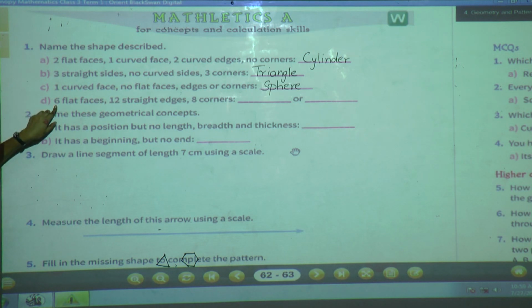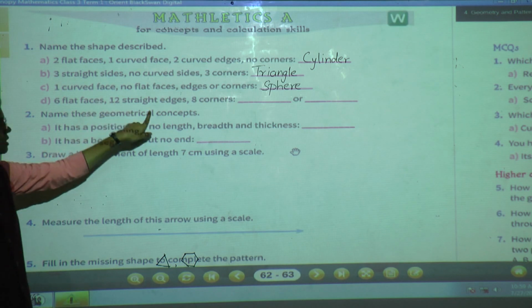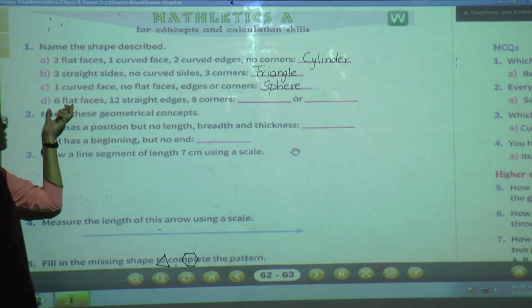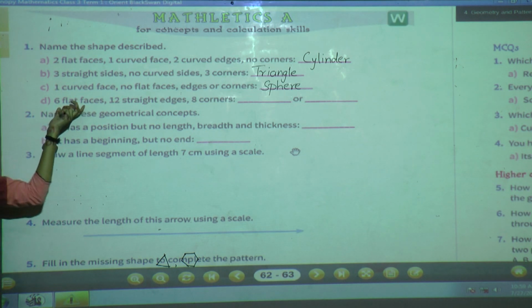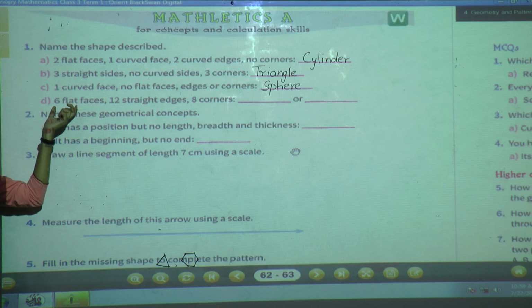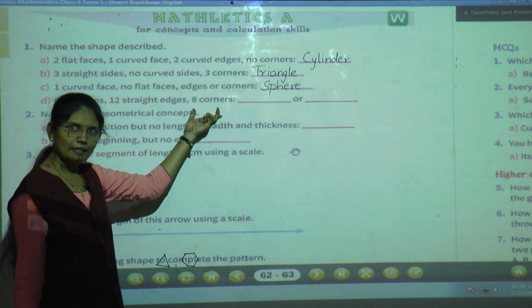Now see D1. 6 flat faces, 12 straight edges, 8 corners. Both the cube and the cuboid have 6 flat faces, 12 straight edges and 8 corners.